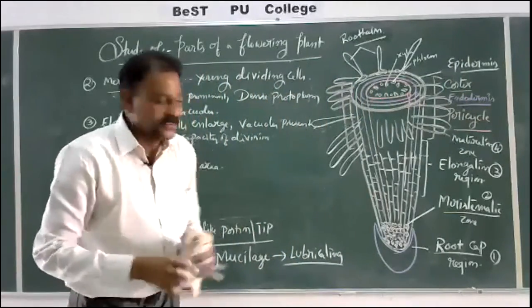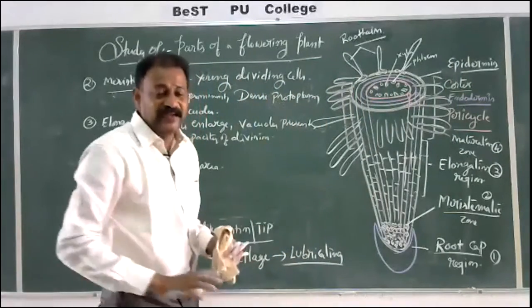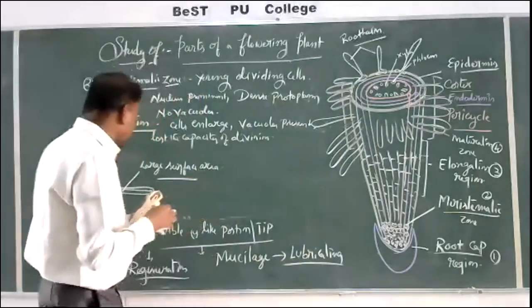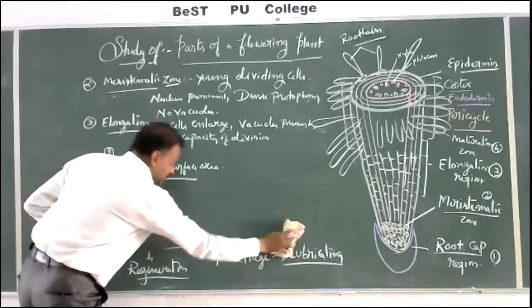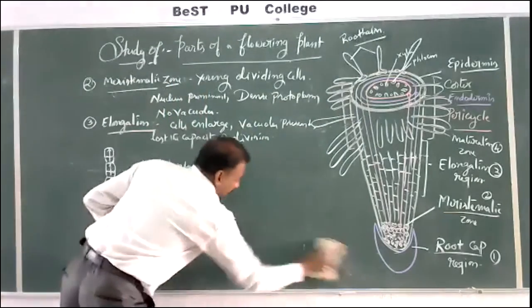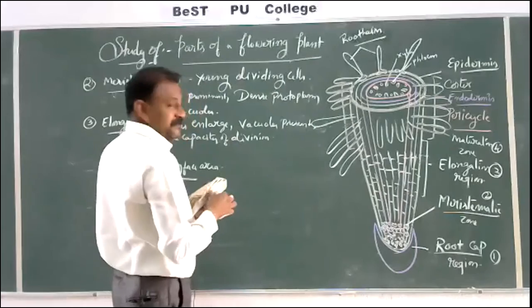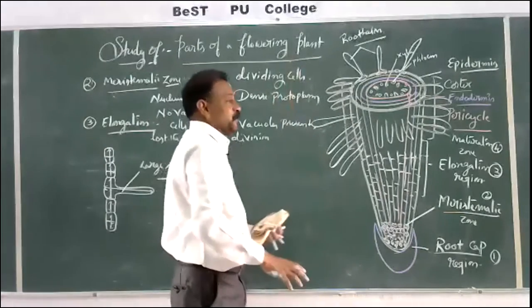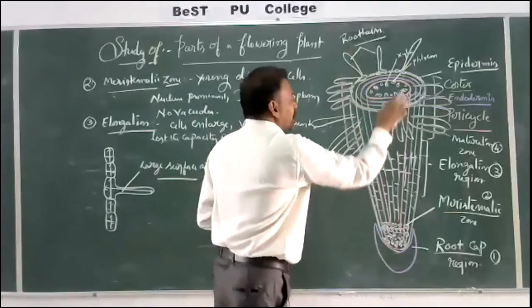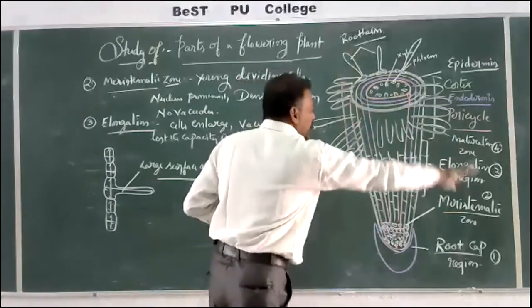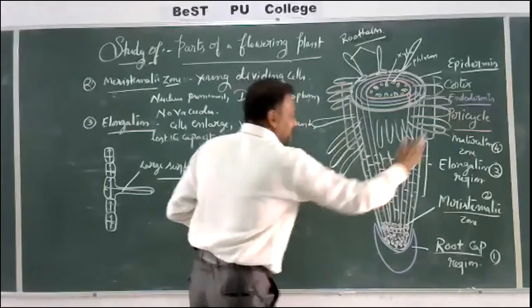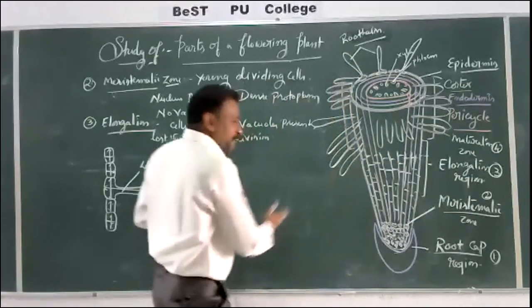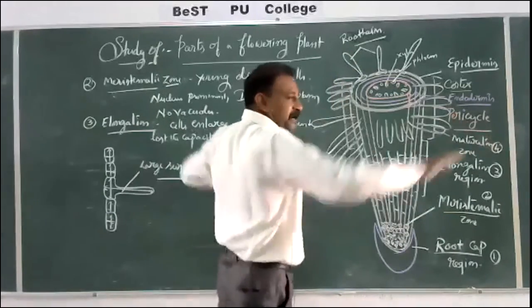Question comes, they will explain this part and add one word. Root hairs are exogenous and secondary roots are endogenous. This is the root, the primary root. At one stage it will form secondary roots. Secondary roots will form tertiary roots. They will form rootlets. So a root system will come.